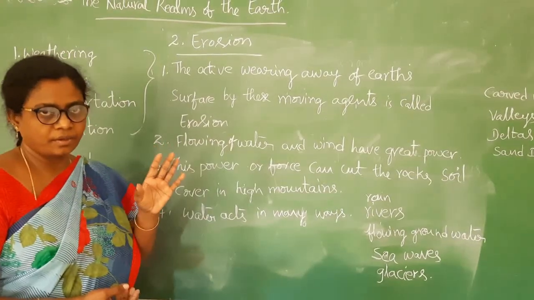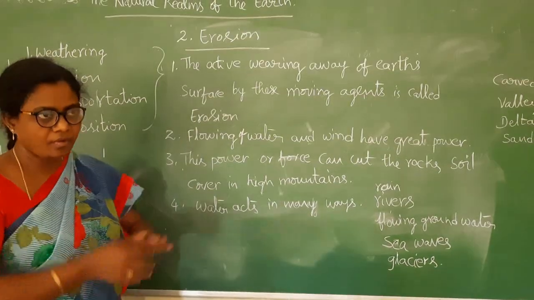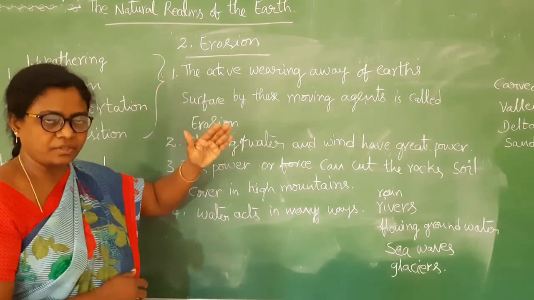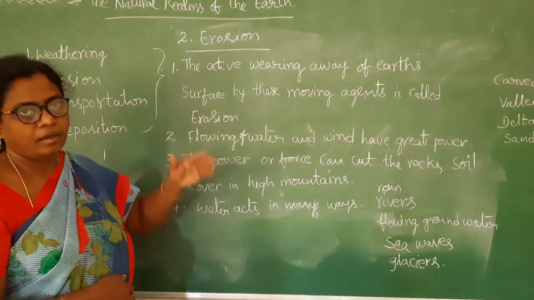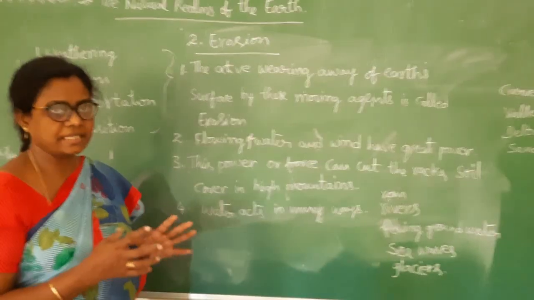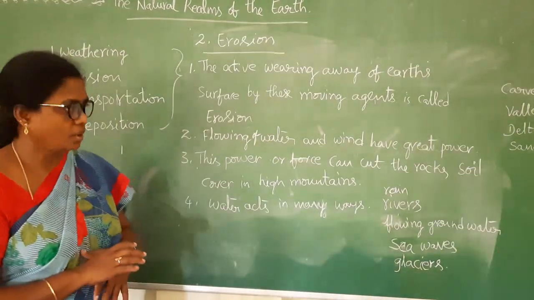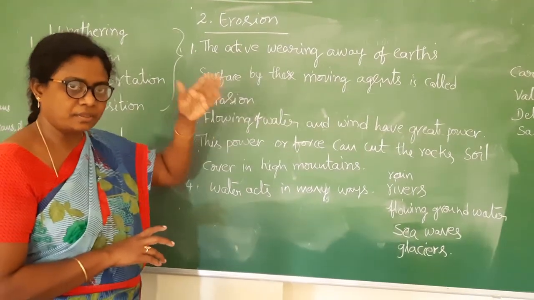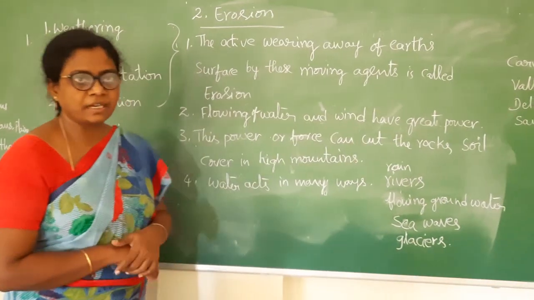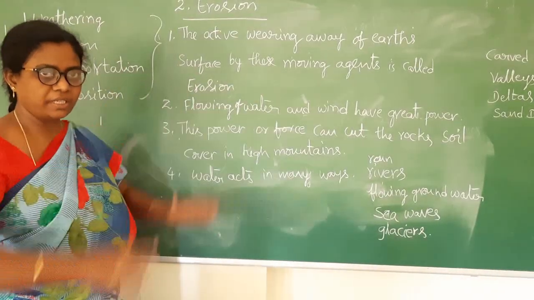In the rainy season, if we observe the mountains, water comes down, and if there is a deep slope, water has more speed and force. When it comes down from the mountain, it cuts the rocks and soil on the high mountain ranges.